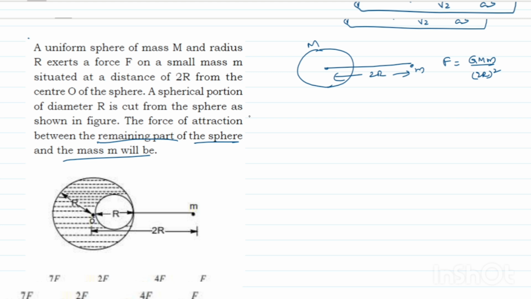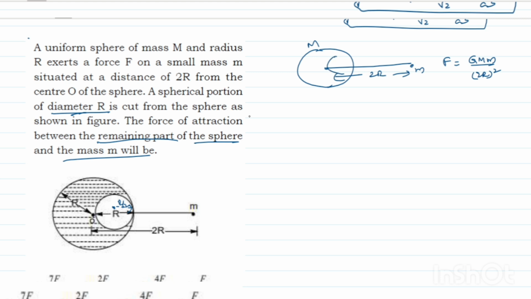Now a portion is being removed, in the sense, a spherical portion of diameter R is removed. Diameter R means the radius will be R by 2. And from 2R, we are removing R by 2, so the distance of separation will change.